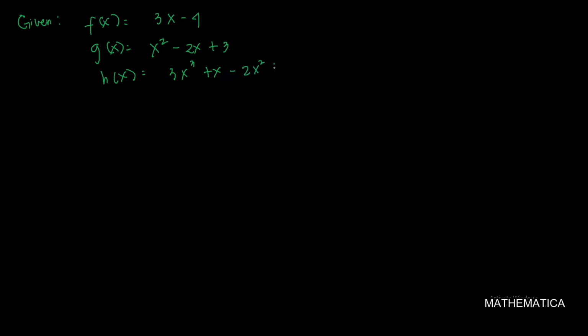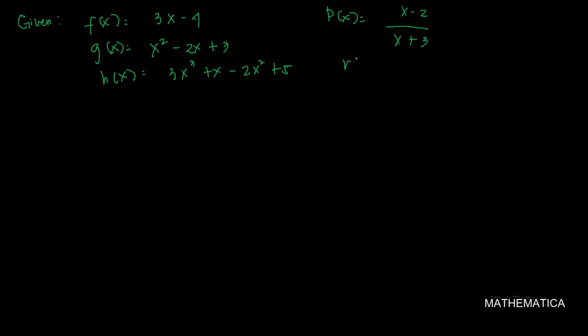So now let us proceed with our given examples. Let's say we have the given set of functions: f of x is equal to 3x minus 4. g of x is equal to x squared minus 2x plus 3. h of x is equal to 3x cubed plus x minus 2x squared plus 5. p of x is equal to x minus 2 over x plus 3.